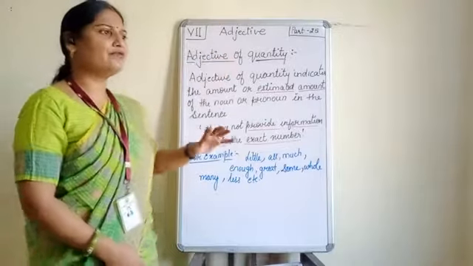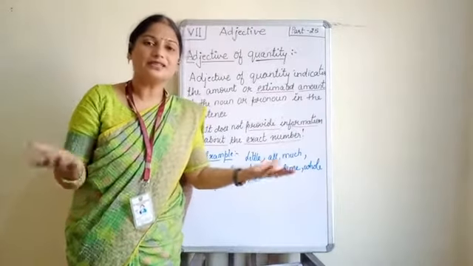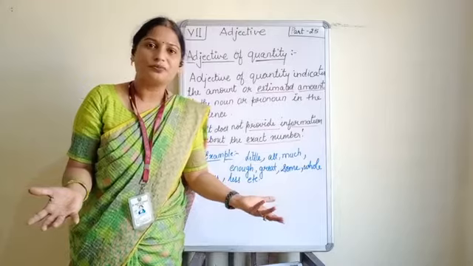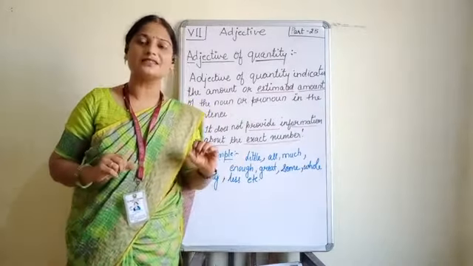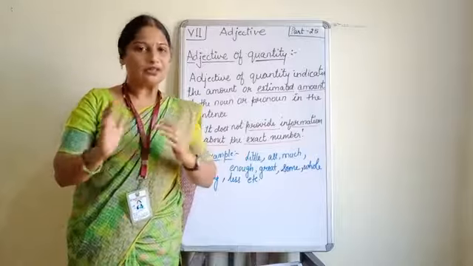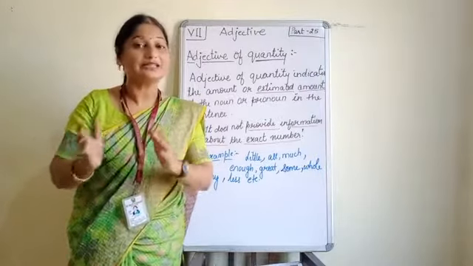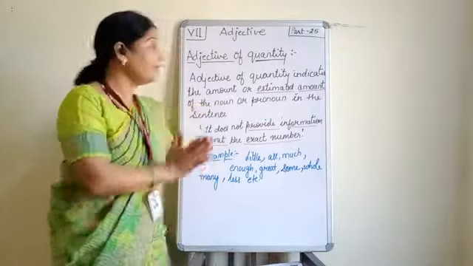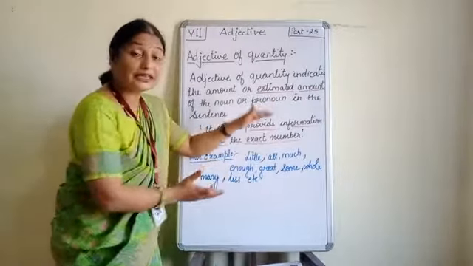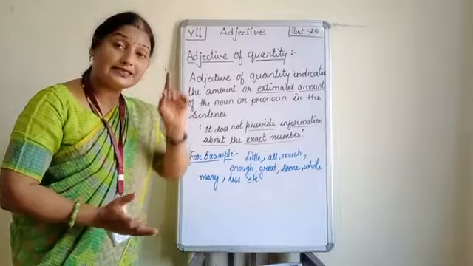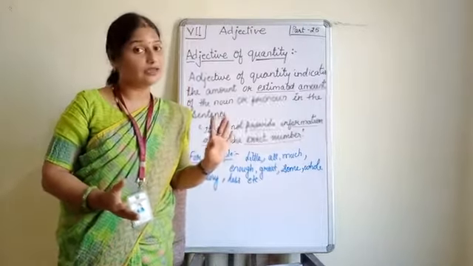In the same way, little. Now, what is little for me? I do not know. For someone, 1 glass is little. For another one, half glass is little. So different quantities can be there. And that's why we can say that this adjective of quantity does not give us exact information about the number.